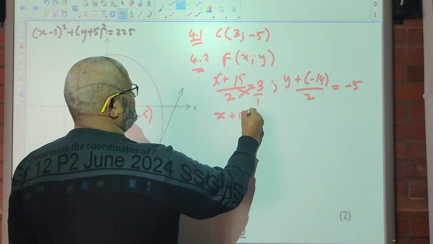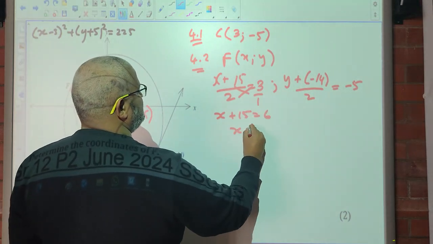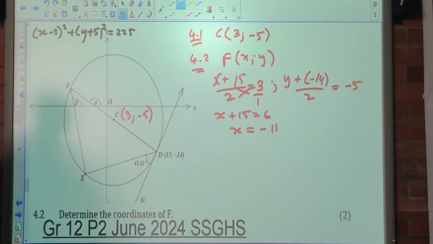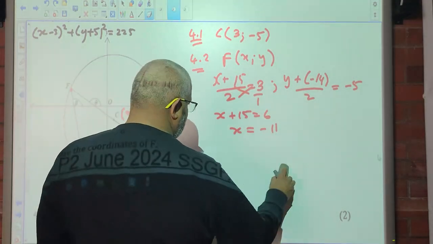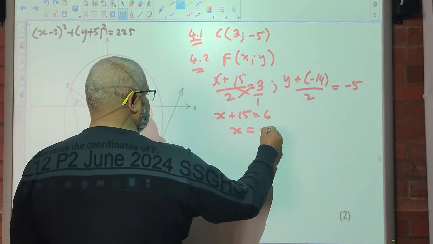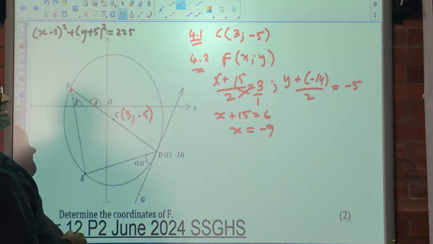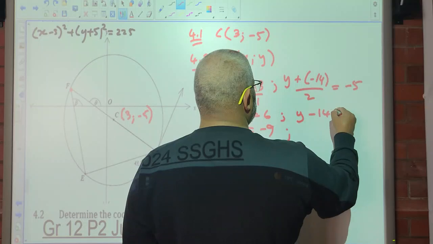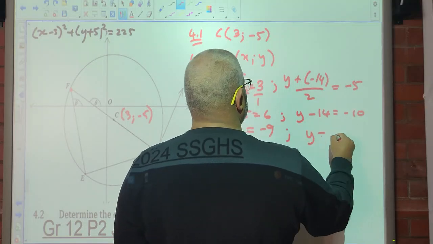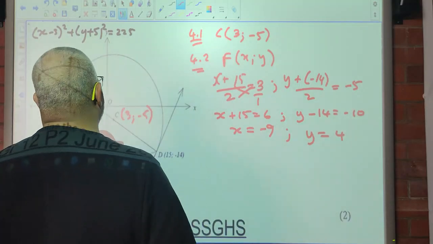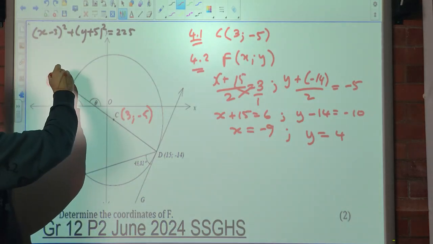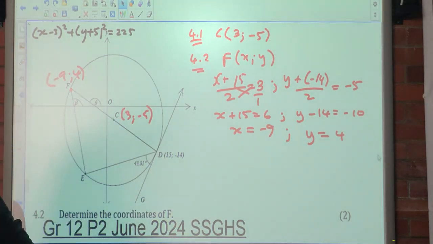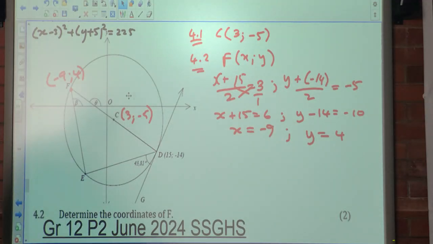So x plus 15 is equal to 6, x is then equal to negative 9, correct? And then y minus 14 is equal to negative 10, y is equal to 4. Any confusion there? No?